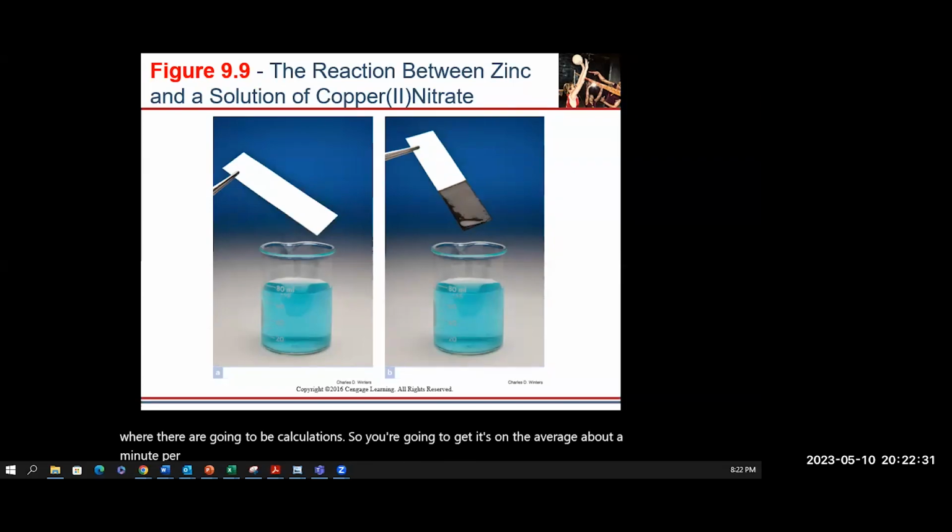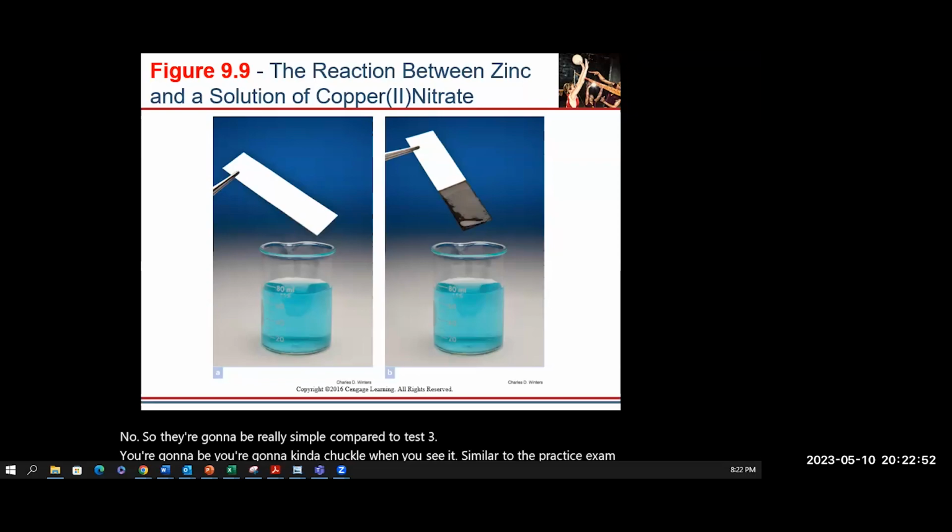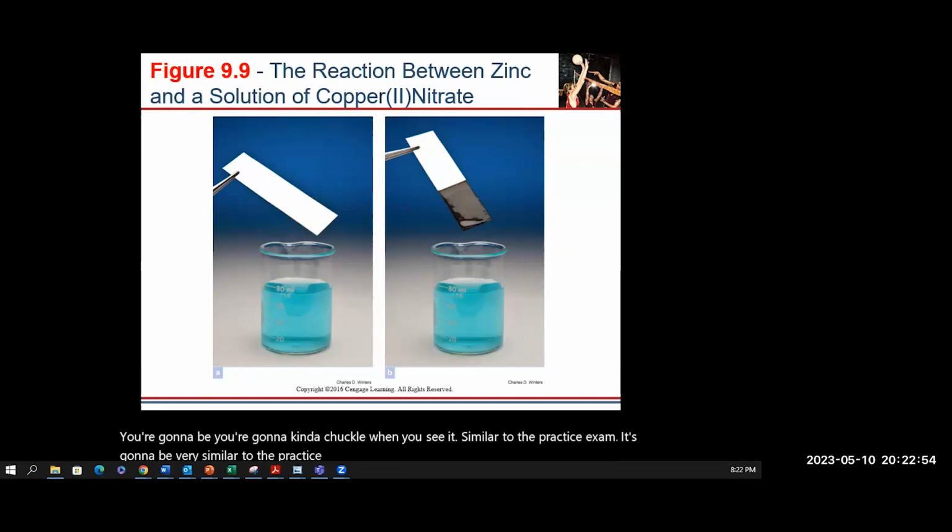Are we going to get questions similar to test 3? No, they're not going to be to that extreme. They're going to be really simple compared to test 3. You're going to chuckle when you see it. It's going to be very similar to the practice final.